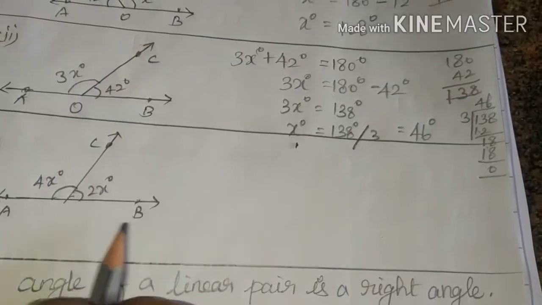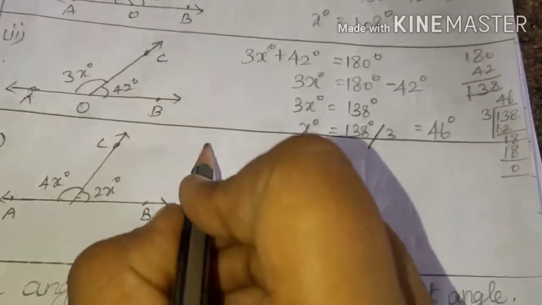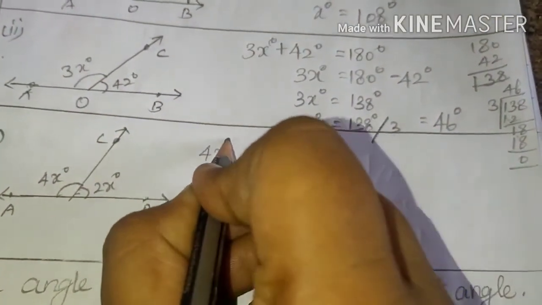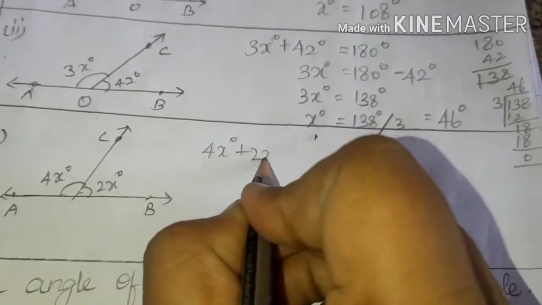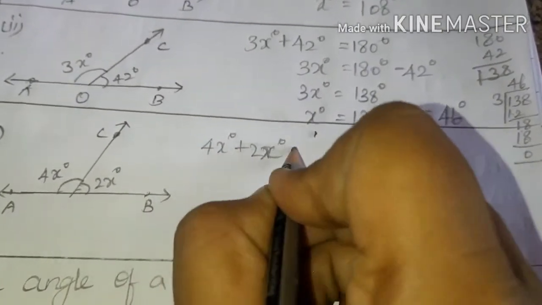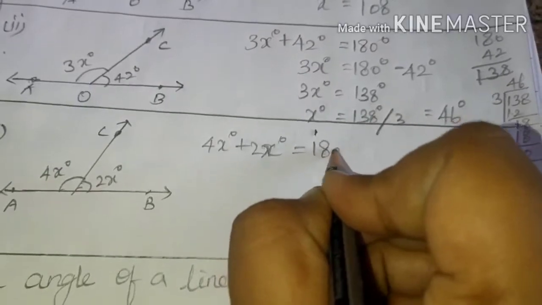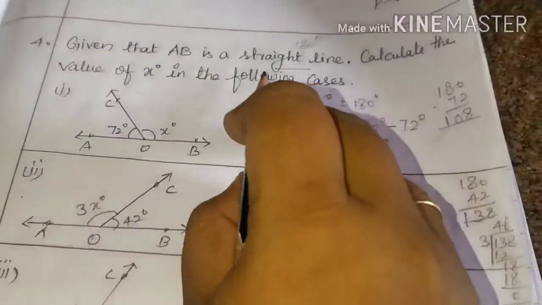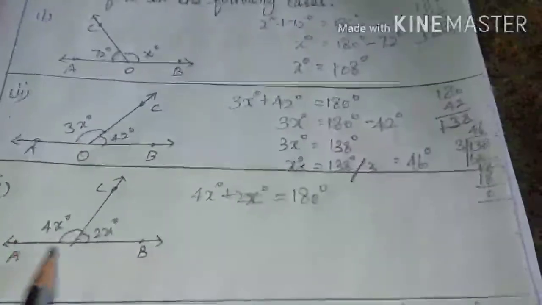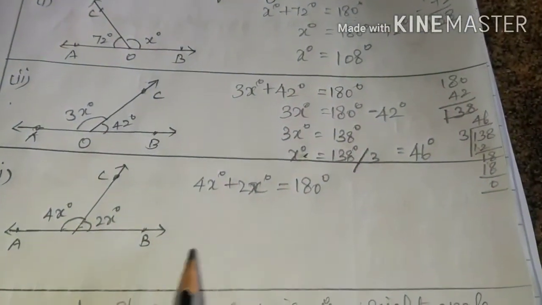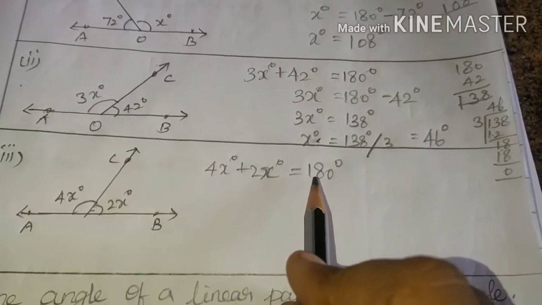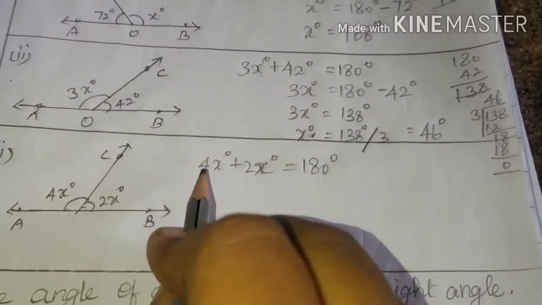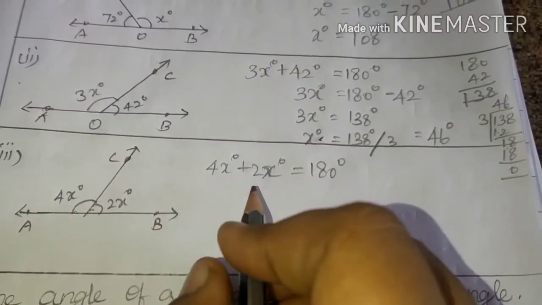Like that, the same for these two, children. So I'm going to do this. Look at this, 4x degrees plus 2x degrees equals 180 degrees. Do you know why I'm taking this 180 degrees? Because they have given the words straight line. AB is a straight line. So straight line means it is 180 degrees. 4x plus 2x, what will I get?